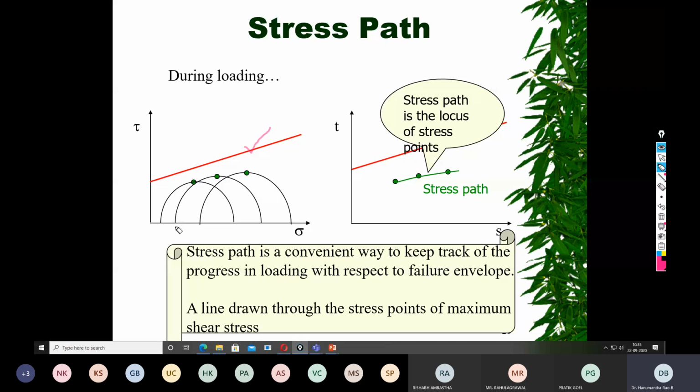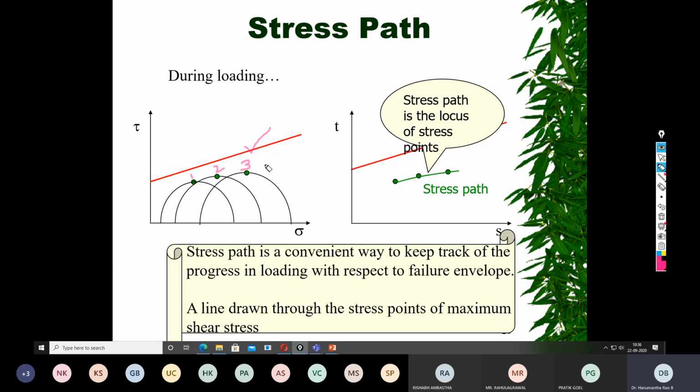Now when we impose a load in the field, this is the path we follow. We apply this much load, then increase it subsequently. So 1, 2, 3.